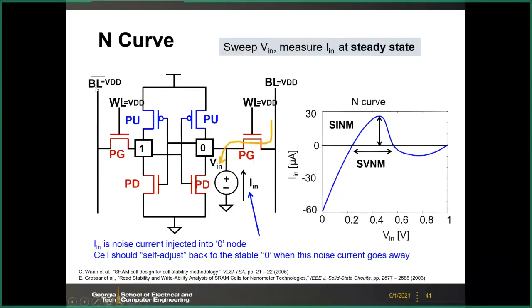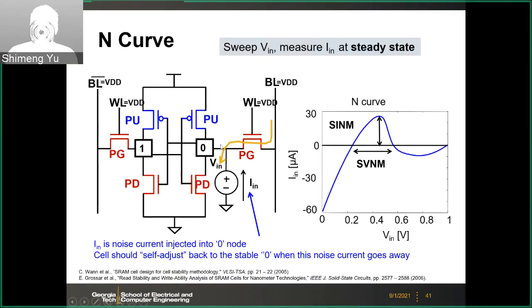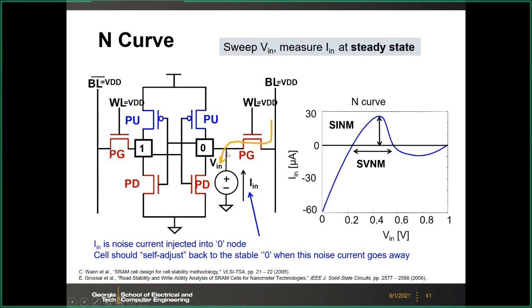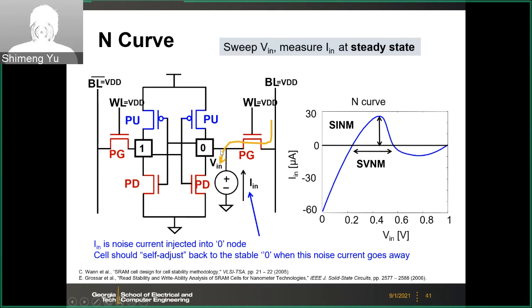So here, this is the idea. The idea is to have a current source inject to the storage node that stores the 0 data. So here you have a current source.